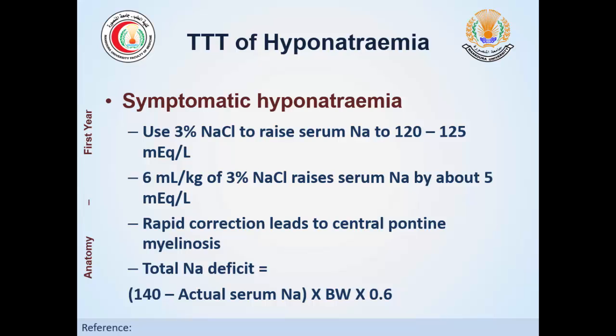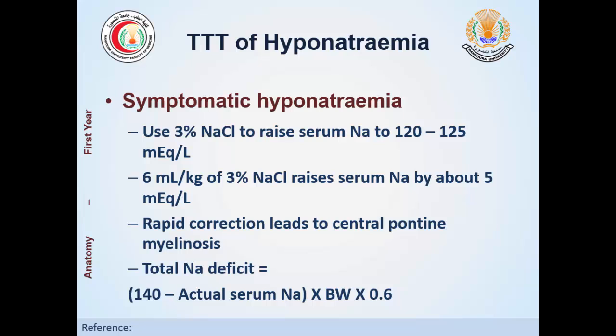You can't correct the hyponatremia rapidly. You have to correct it gradually, so as not to cause central pontine myelinosis. What's central pontine myelinosis? It's a neurological disorder that occurs due to rapid medical correction of sodium deficiency, in which there is destruction of the myelin sheath which surrounds and protects the nerve fibers.